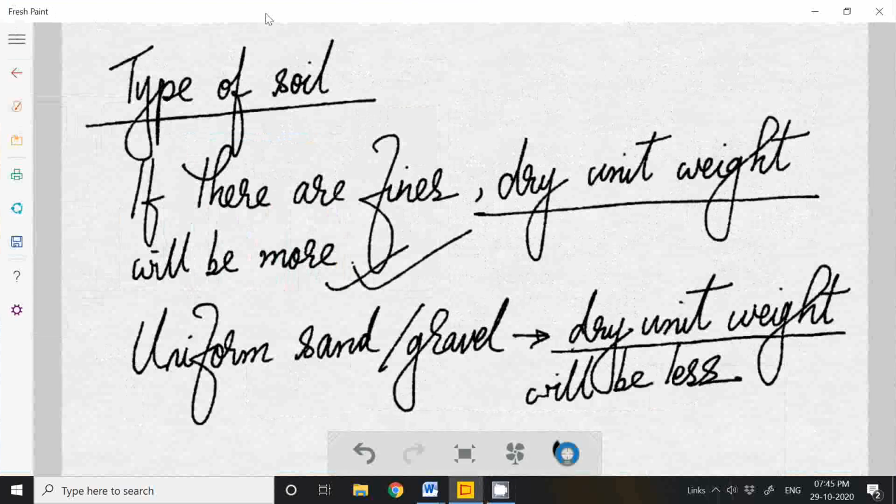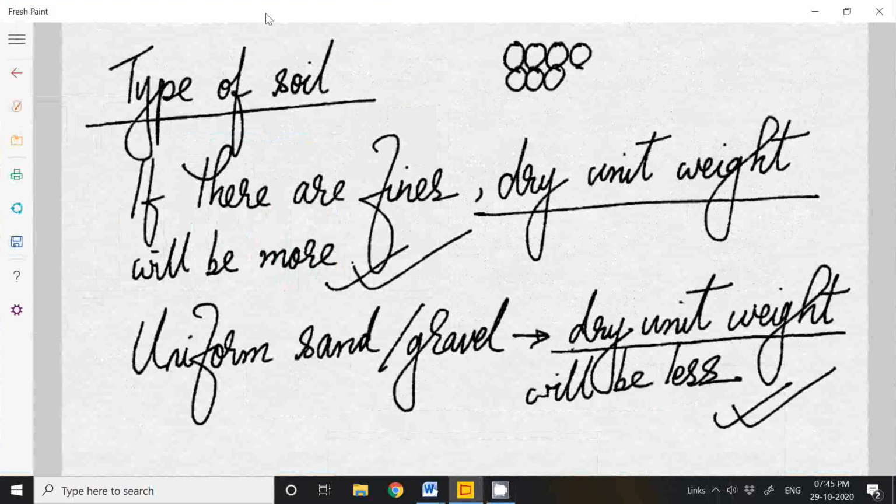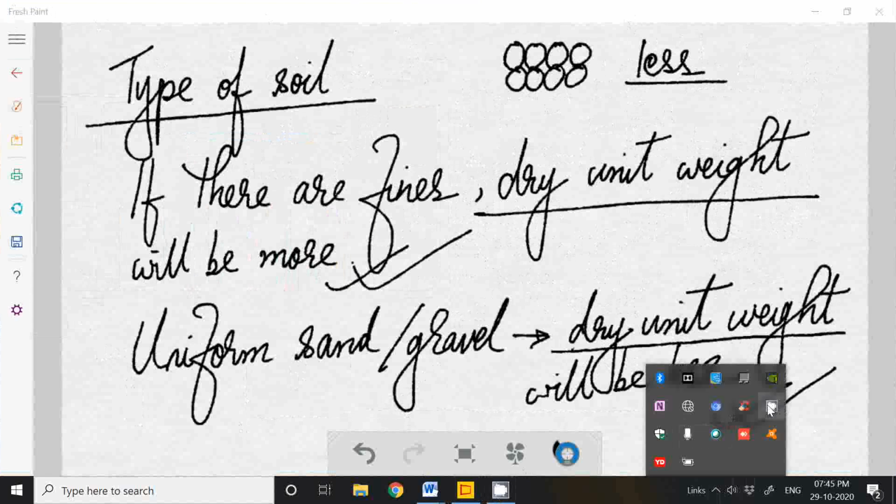And if there is uniform sand or gravel in the soil sample, then dry unit weight, or we can say compaction, will be less. What do we mean by uniform? Uniform means all the particles are of the same size. In that case, the compaction will be less, or you can say dry unit weight will be less. I hope you are clear with this point.